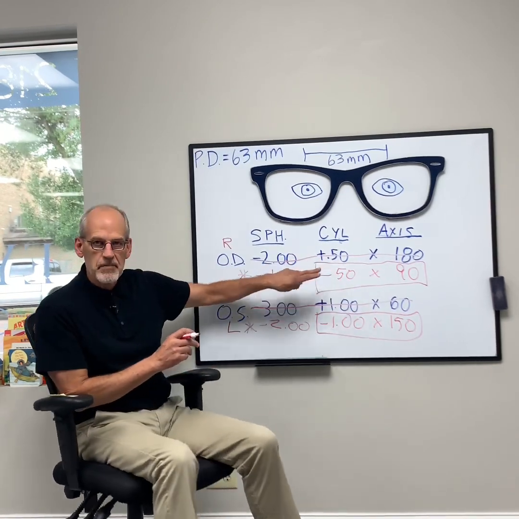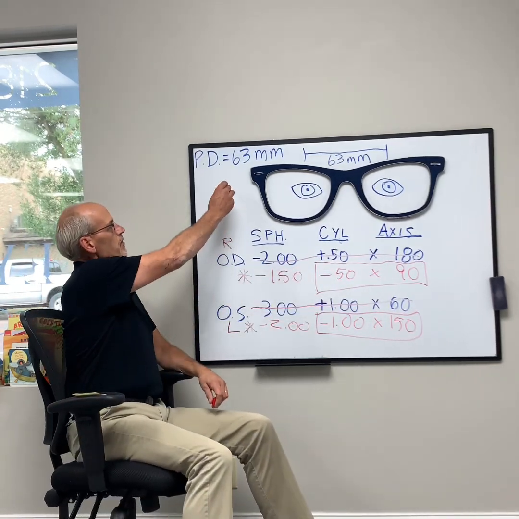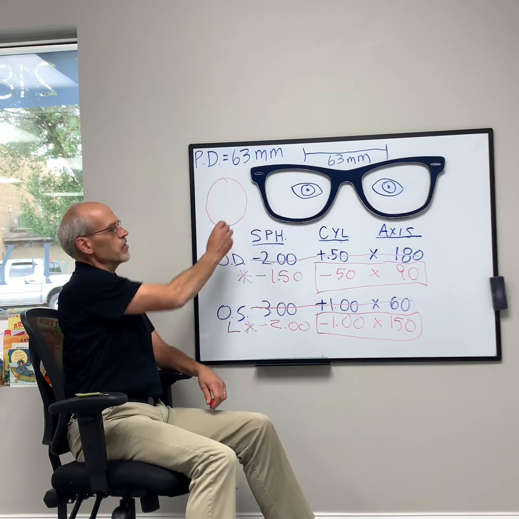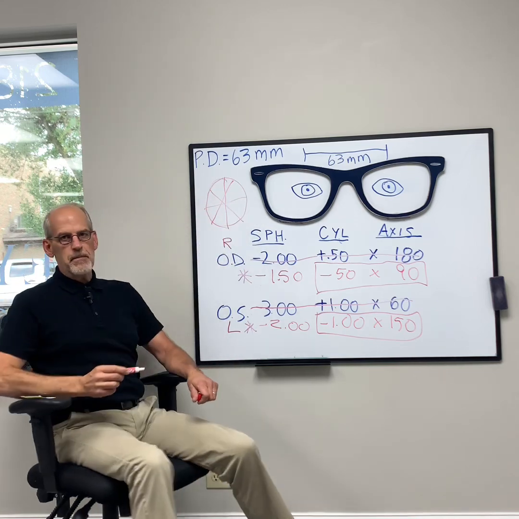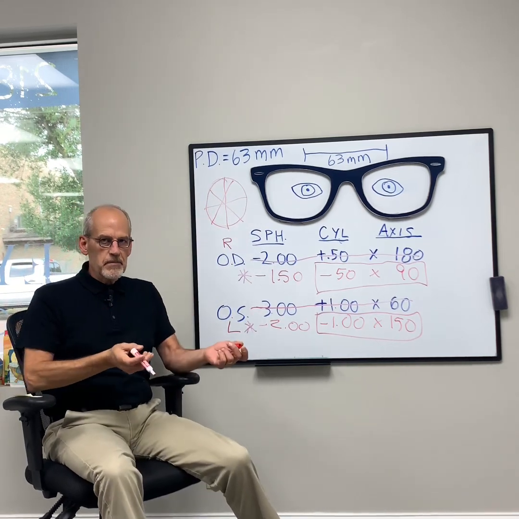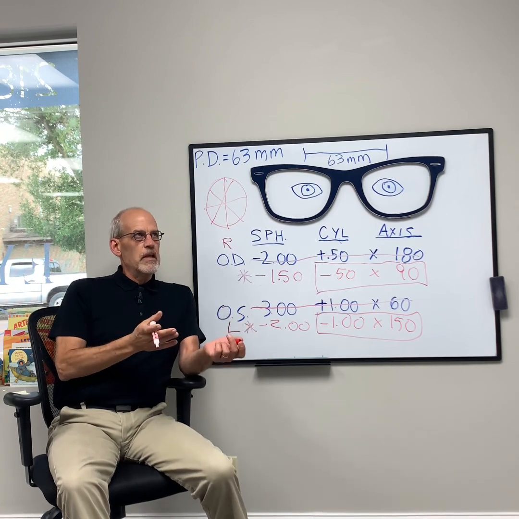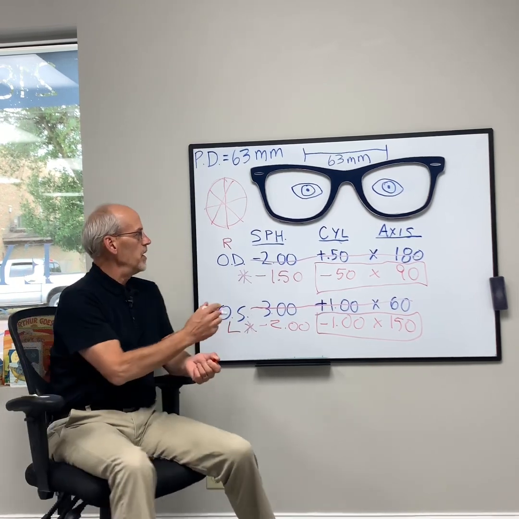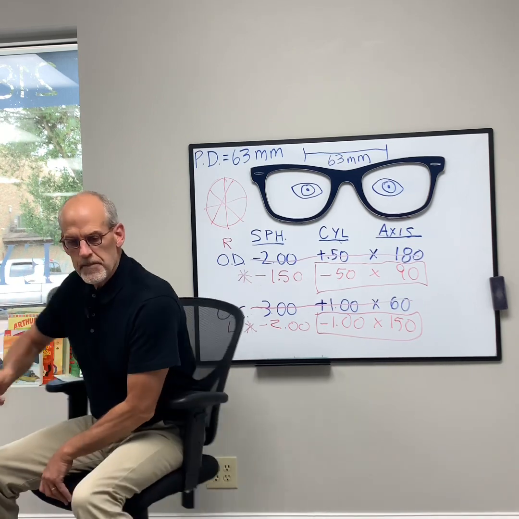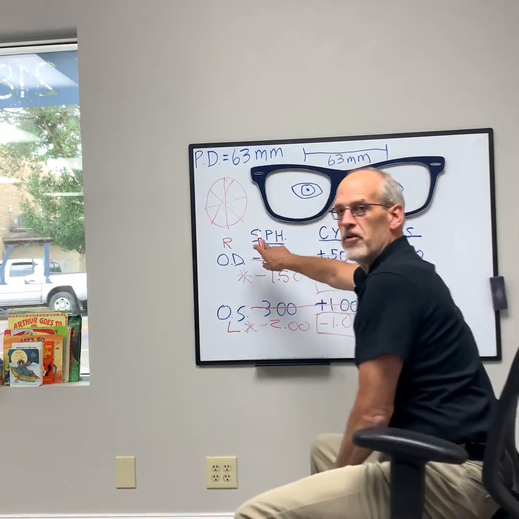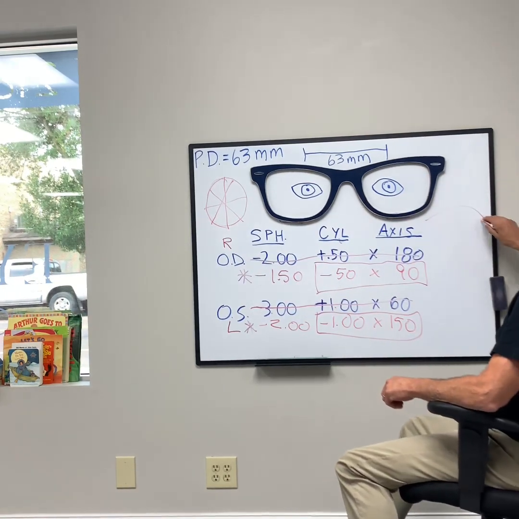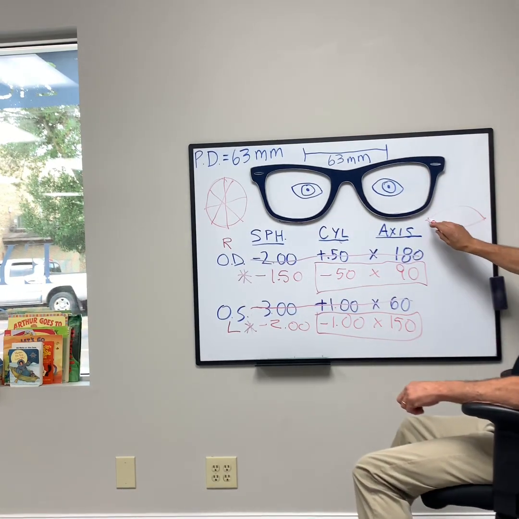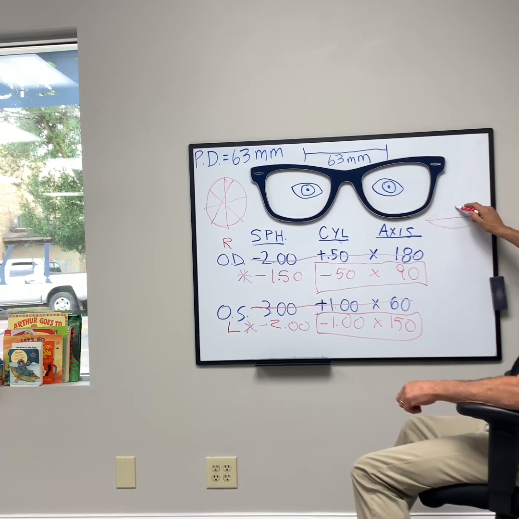When a person has astigmatism, what that is, if you had a basketball and you cut a basketball in half, all the curves would be exactly the same. If you have astigmatism, that is normally a misshaped cornea a little bit. So instead of your cornea shaped like a basketball cut in half, it's more shaped like a football, where you have a steeper curve this way, flatter curve this way.